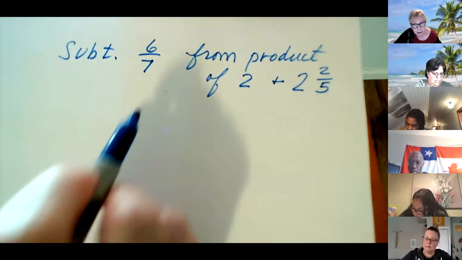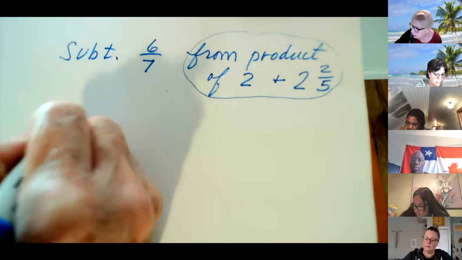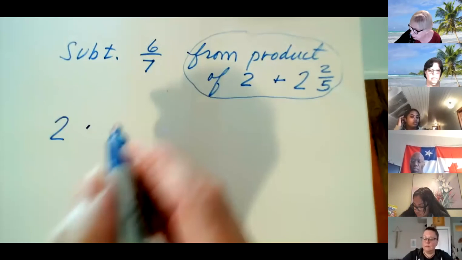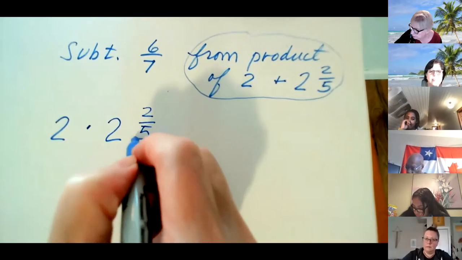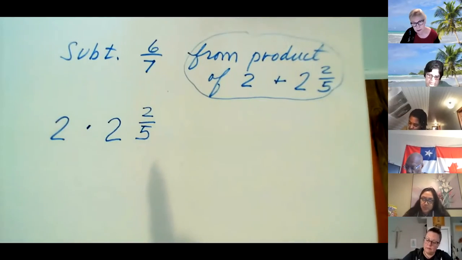Product is multiply. And when you subtract from, this is first. So the first thing I have to do is multiply. And so I need to multiply 2 times 2 2/5. When I do that, I will subtract the 6 7ths.